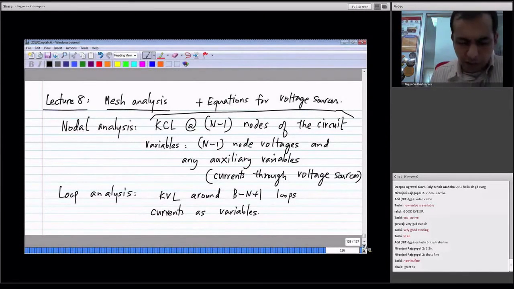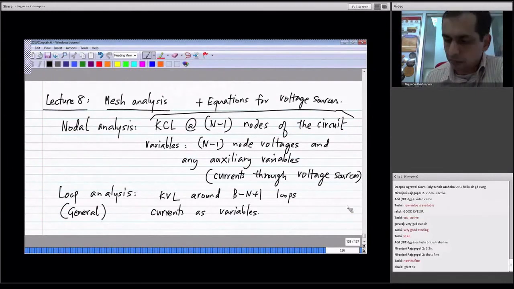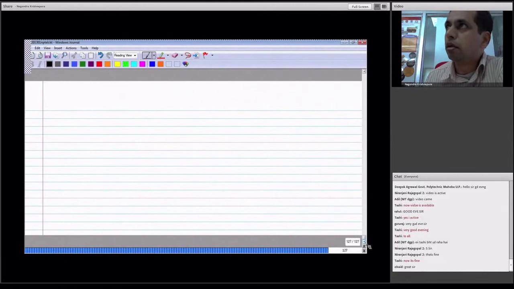So this loop analysis itself is quite general. Okay.